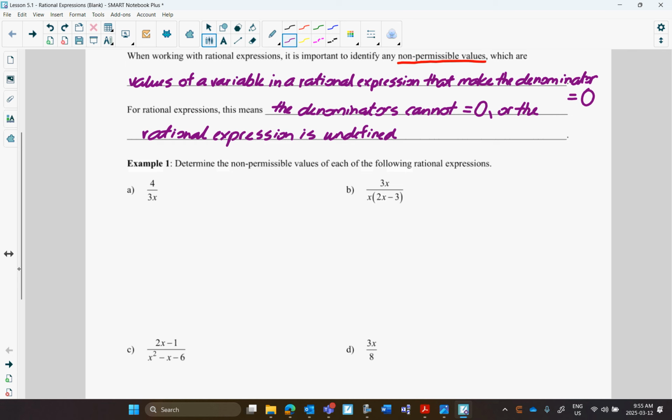So you can state it one of two ways. We can state the NPV equals 0, or you can say x not equal to 0. You can state it one of those two ways, but don't go NPV not equal to 0, because that doesn't make any sense.